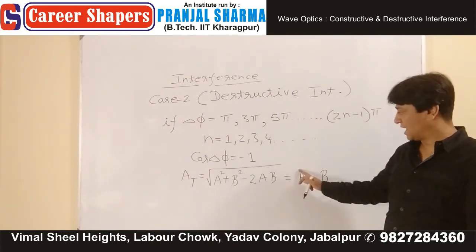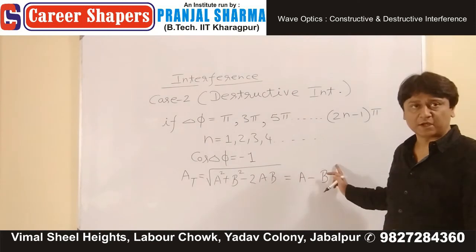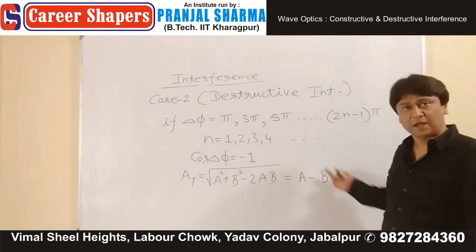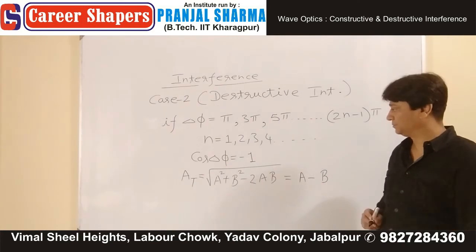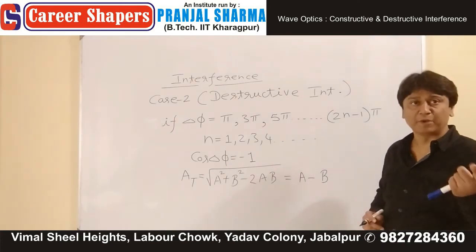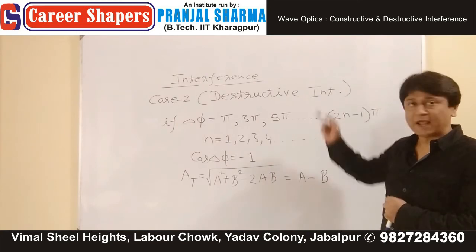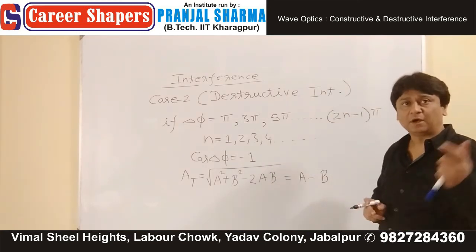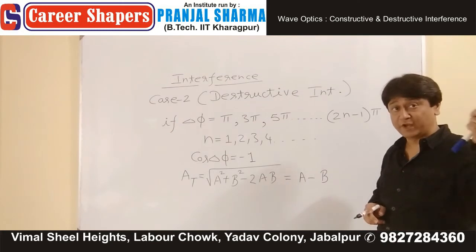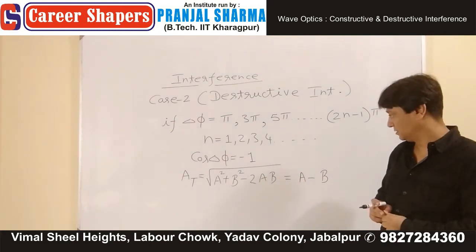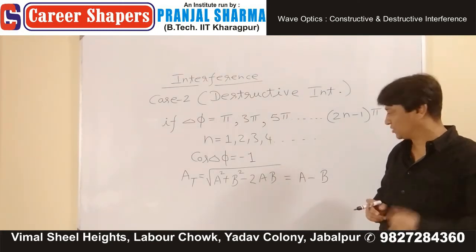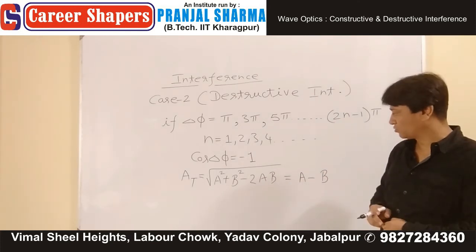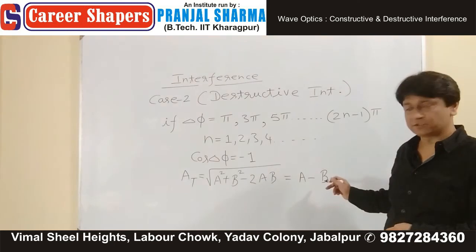If this is 10, this is 8, 10 minus 8. If this is 8, this is 10, then make this 10 and this 8 and subtract. You're getting the amplitude part. Everything else is those very fast oscillations, roughly 10 to the power 15 oscillations in 1 second, something we discussed in the first lecture. So this is your A total.